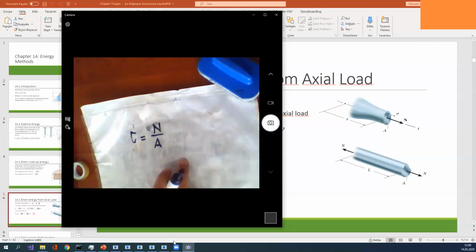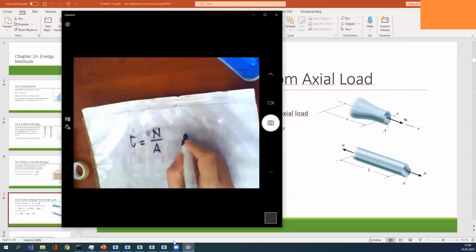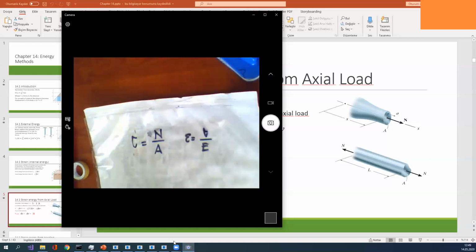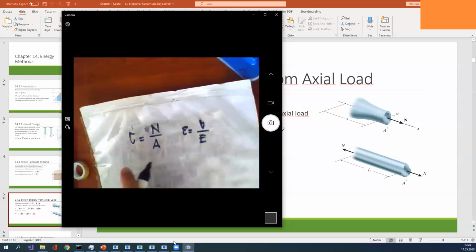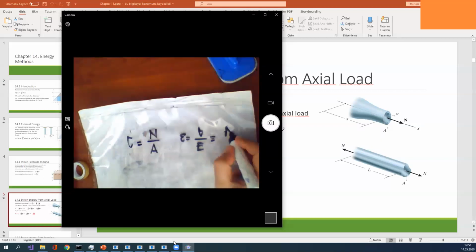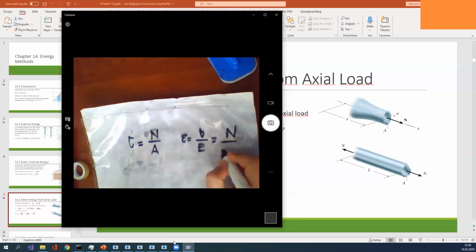So also we know epsilon is equal to sigma divided by E. So if I use N/A instead of sigma, epsilon becomes N divided by EA.